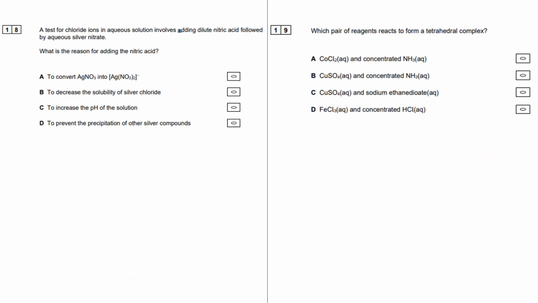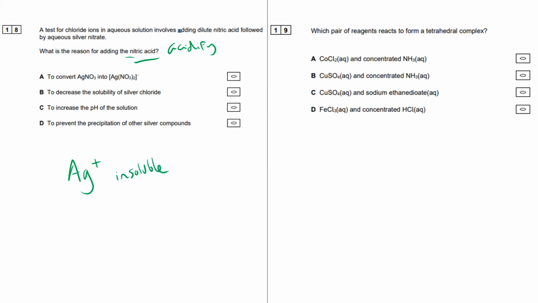Question 18. The test for chloride ions in aqueous solution involves adding dilute nitric acid followed by silver nitrate. Why do you add the nitric acid? You must always acidify the solution before adding silver nitrate. The reason is that silver ionic compounds are often insoluble.